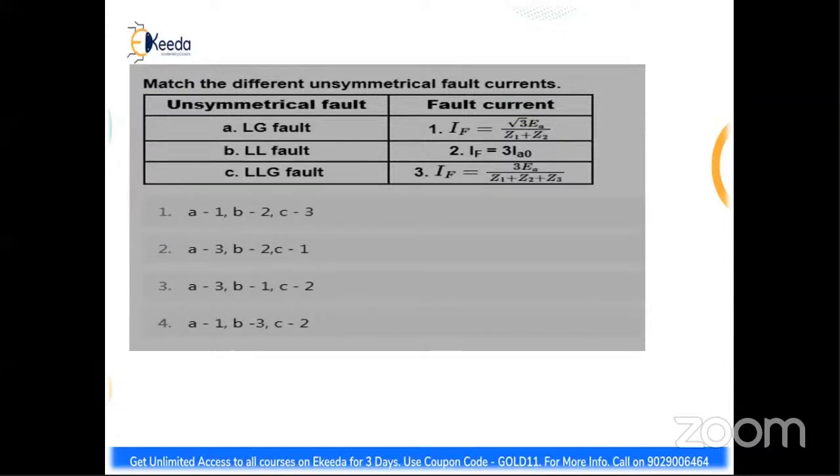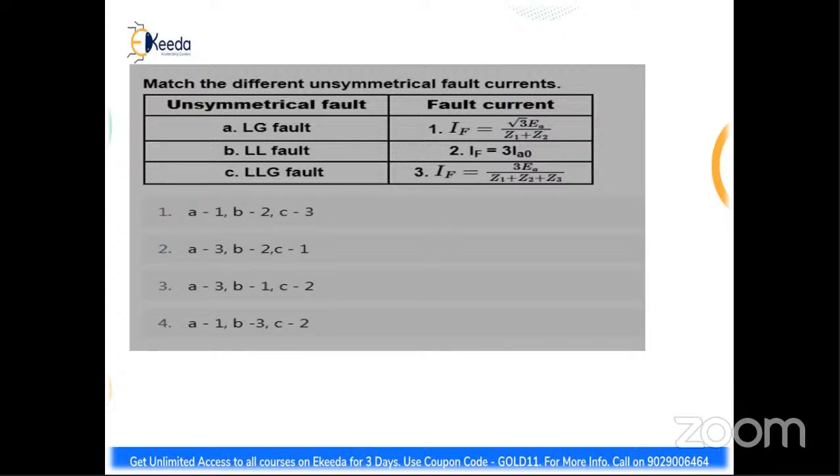There are equations given, so we have to choose which is the right answer here. The options are A2, A1, B2, C3; A3, B2, C1; A3, B1, C2; A1, B3, C2. So we have to match the right one. Which will be the right answer here?